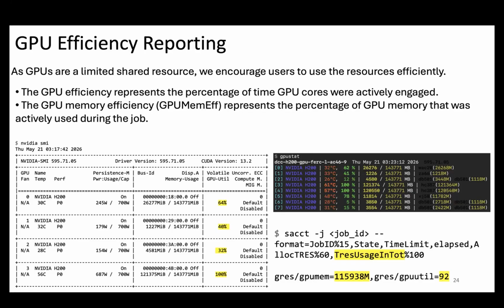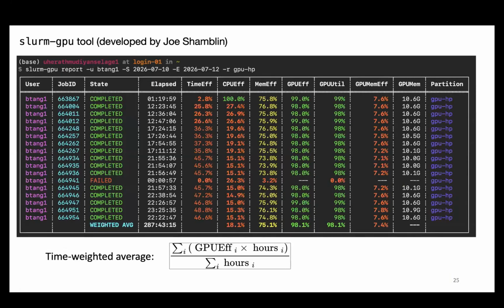There are a few ways of measuring GPU efficiency. The easiest one is real time. You can look at nvidia-smi and the output tells you the efficiency of each GPU. There are other tools like gpustat. If you want to look at the Slurm history, you can use commands like sacct, and that tells you your GPU and GPU memory utilization. There are some other tools too.